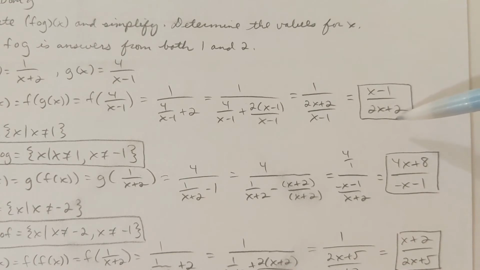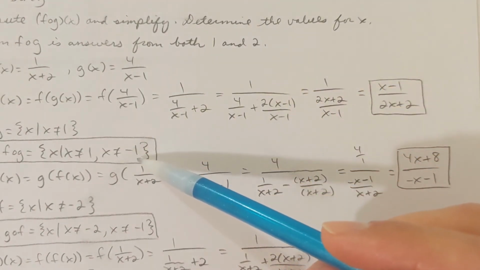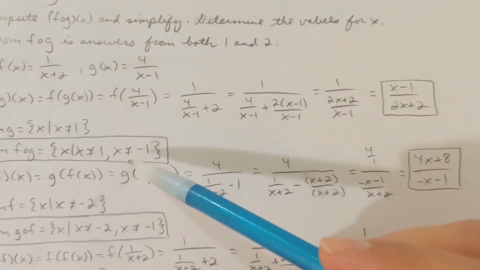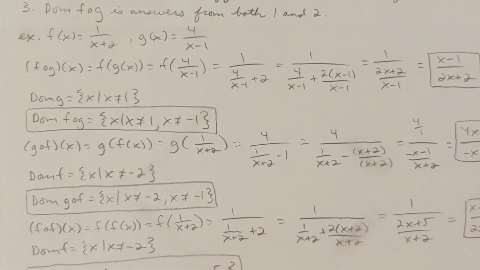Well, if I have 2x plus 2, and x is negative 1, that's 0. I can't divide by 0. So I'm going to want to throw away negative 1 as well. So all in all, the domain of f composed g is the set of all x such that x is not equal to 1 and x is not equal to negative 1.